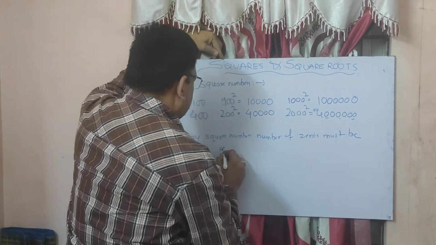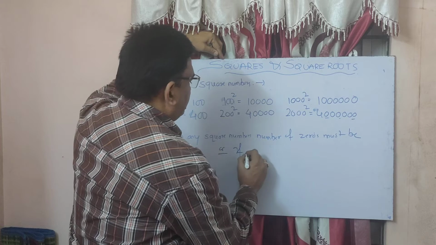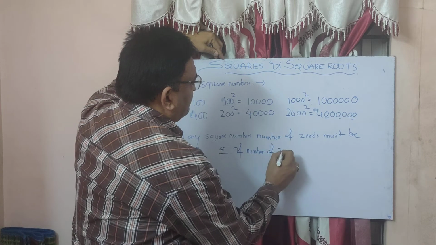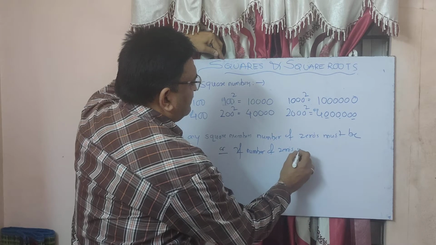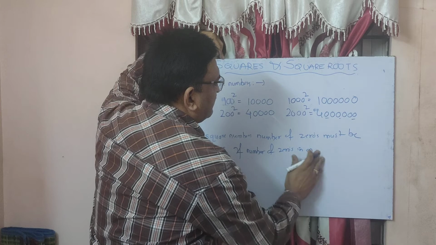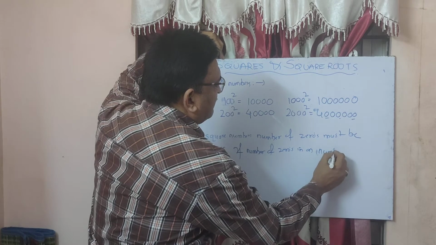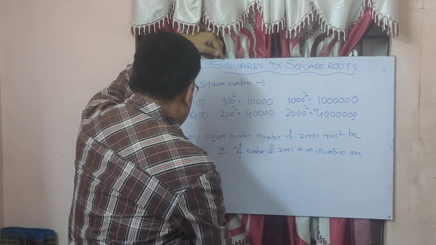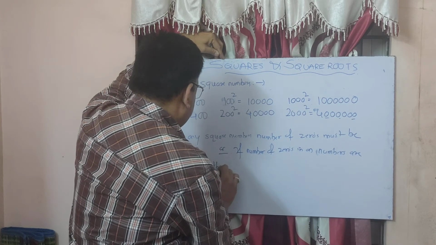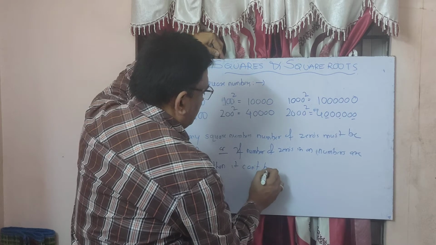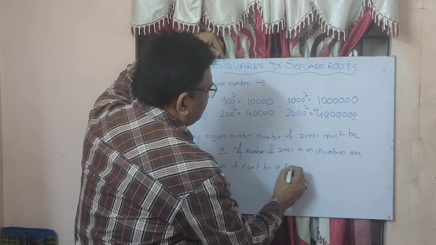Or you can say, if the number of zeros in a number is odd, then it cannot be a perfect square.